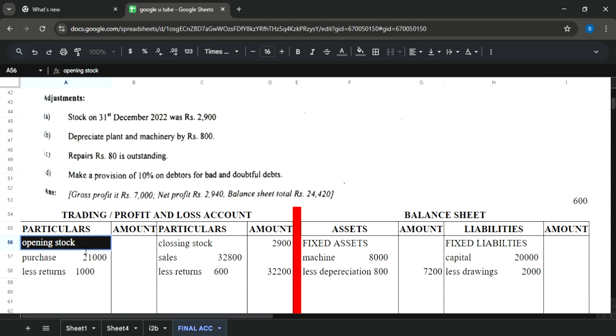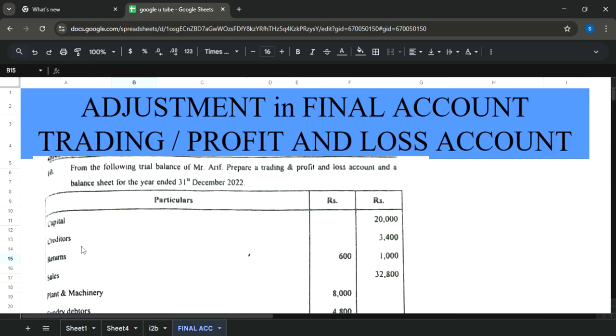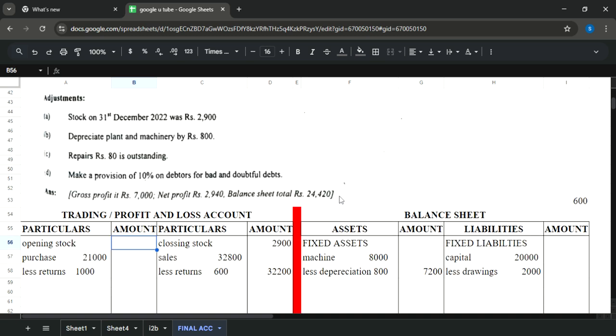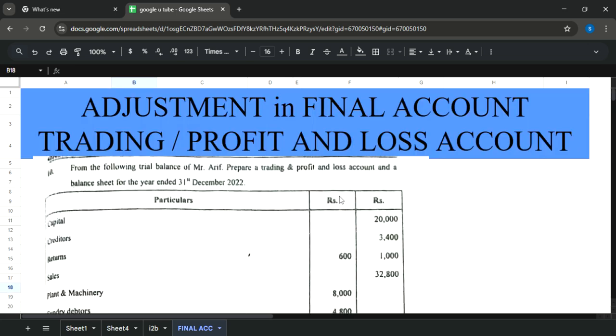So it's opening stock. The amount of opening stock was 4000. Put it over here. And similarly, we can write the net amount of purchase as well. Total amount of purchase 21,000. Returns need to be subtracted, which is 1000. So we have got 20,000 as net purchase.